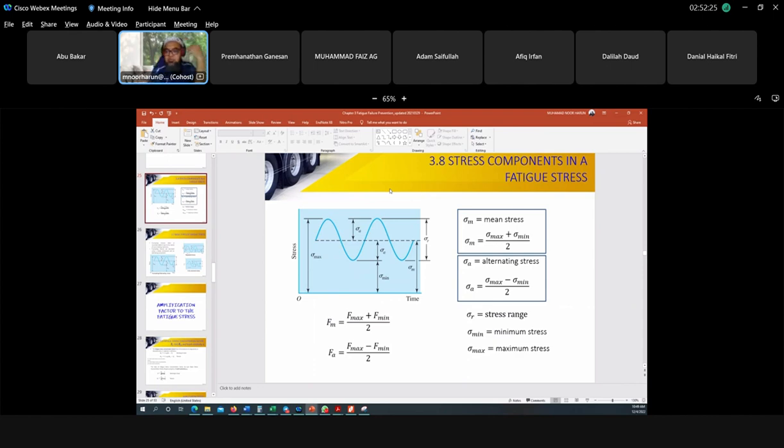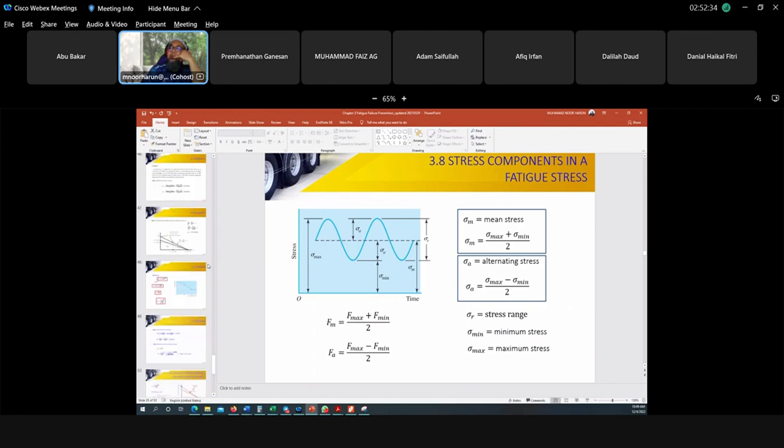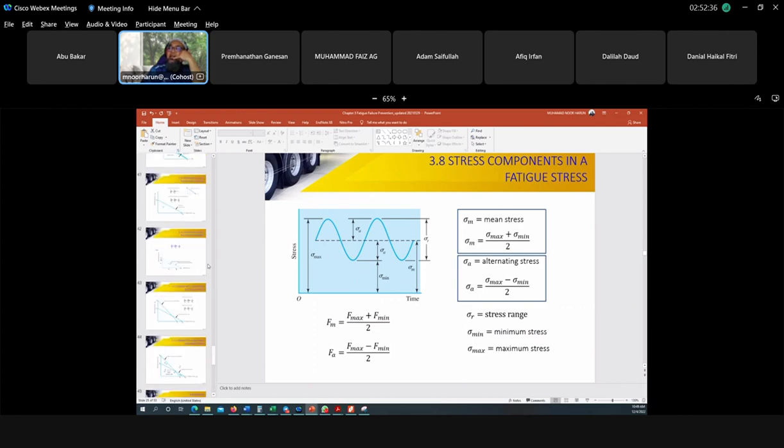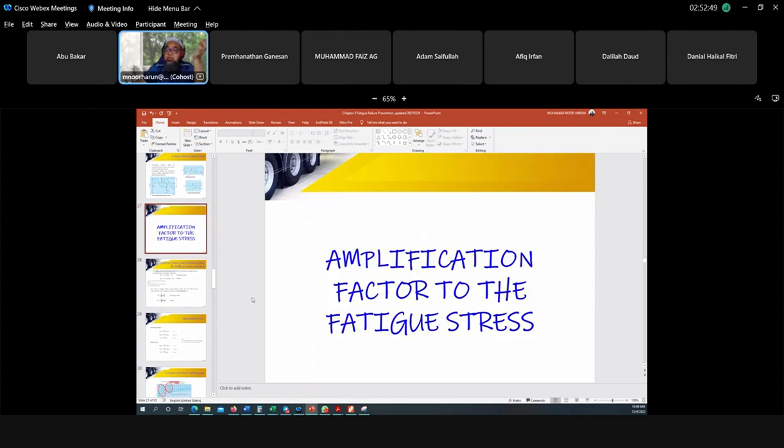So when it has fillet macam ni, bila ada fillet, dia ada stress concentration. If there is a hole, it has the stress concentration. So when it has stress concentration, we will use amplification factor. So this amplification factor is Kf.